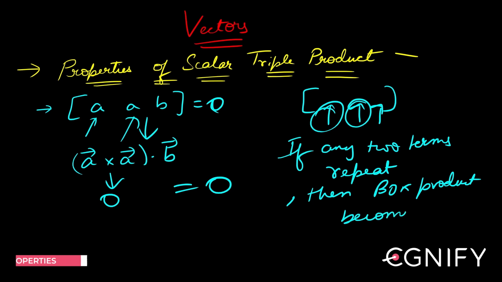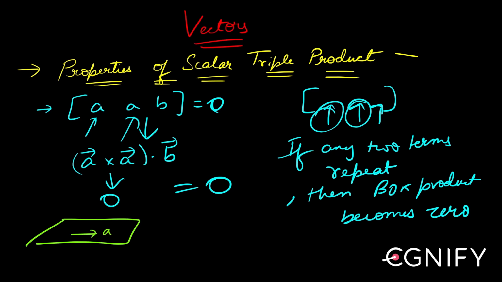In fact, all of this can be thought of from the geometry point of view also, both your previous property and this property. The previous property said if A, B, C are in the same plane, then the box product has to be 0. From the geometry point of view, box product gives you the volume of this parallelepiped.